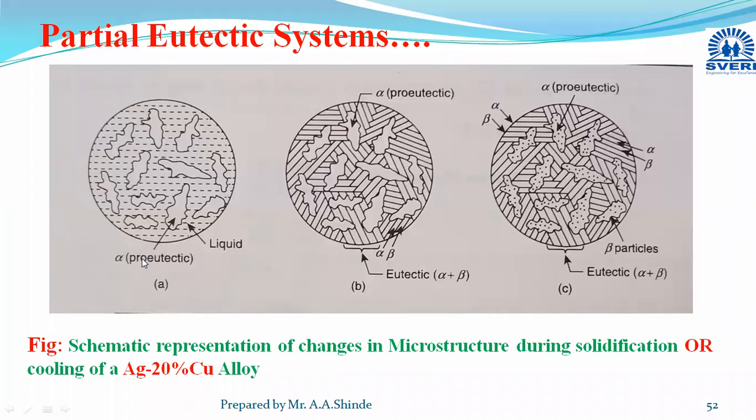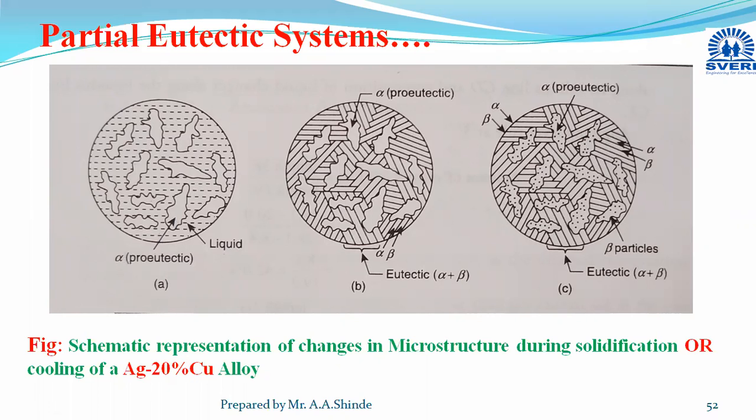When temperature falls below 2, alpha starts separating out. In region 2 to 3, this will be proeutectic alpha, and liquid will remain there.